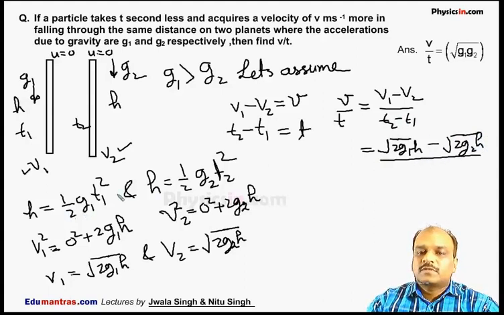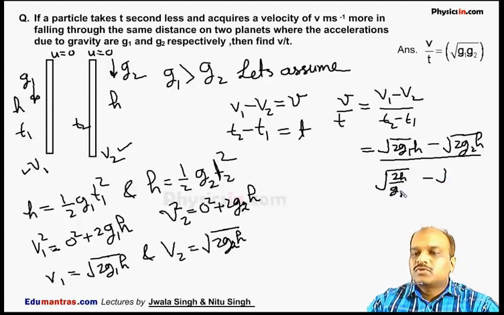From the first expression we can say t1 is equal to root over 2h by g1, and t2 is root over 2h by g2.